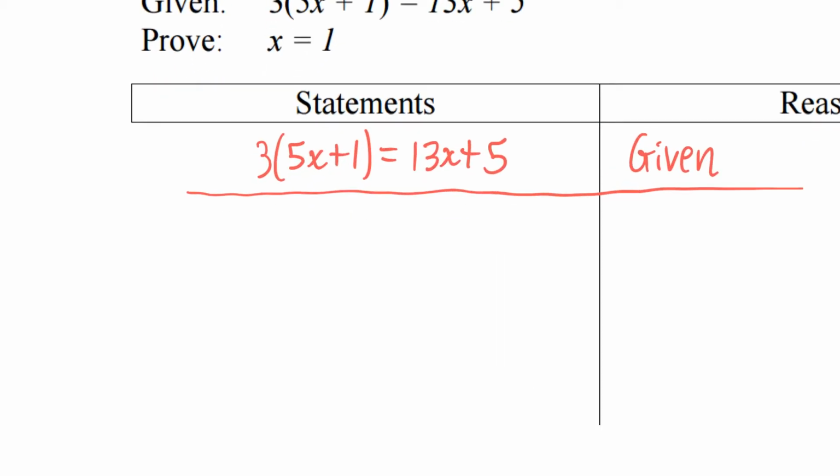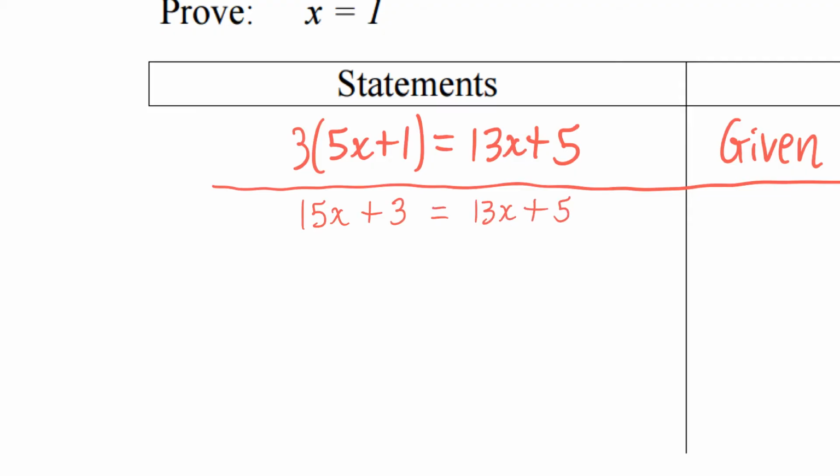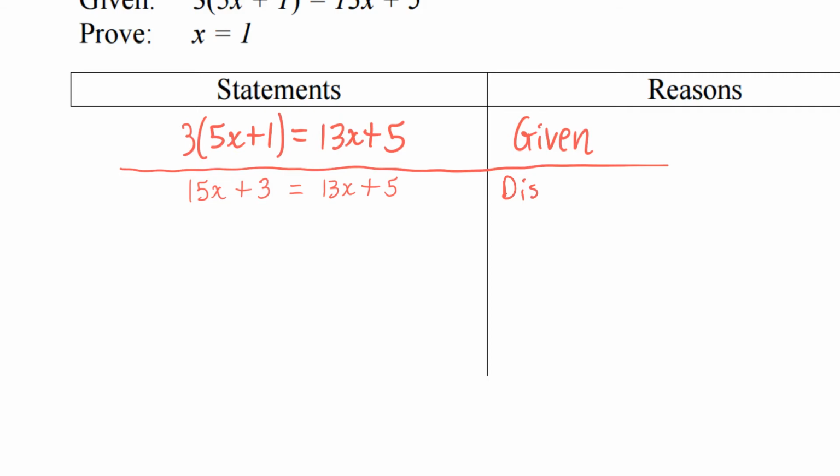All right. So what am I going to do first in my math here? Okay, good. So the 3 distributed in is going to give me what on the left-hand side? 15x plus 3. 15x plus 3 equals 13x plus 5. So what did I do going from the first step to the second step here? Okay, I applied the distributive property.